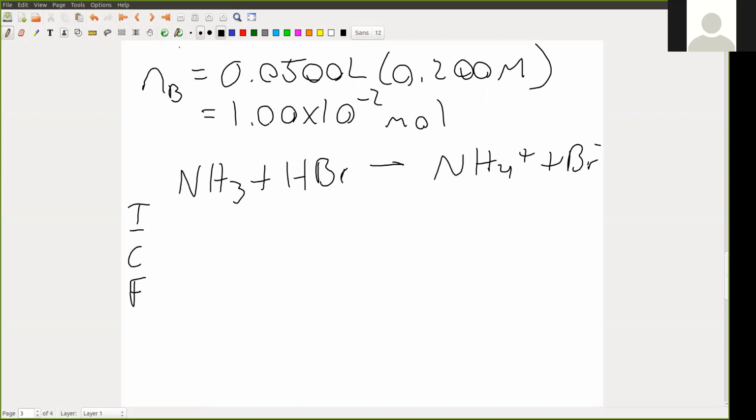So this is a neutralization reaction, so it's a one-way reaction. And basically, because it's at the equivalence point, we already know that these are going to be zeros. So the moles of our ammonia are going to equal the moles of the HBr.